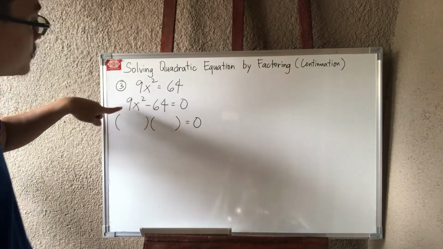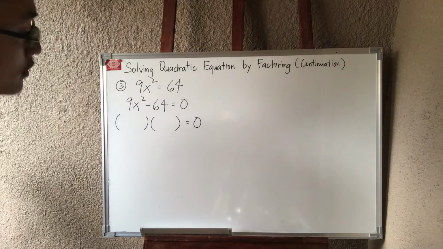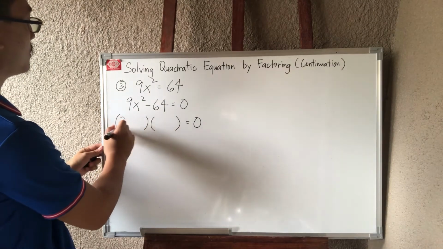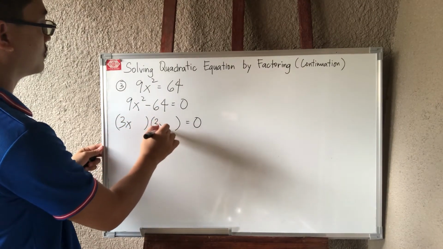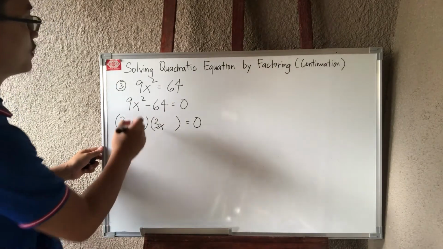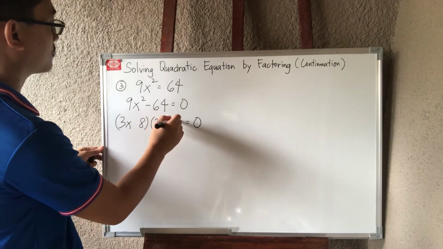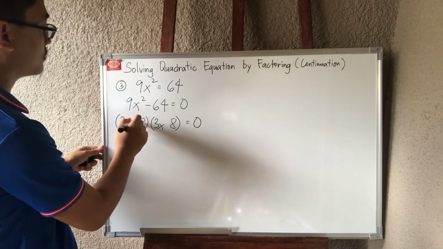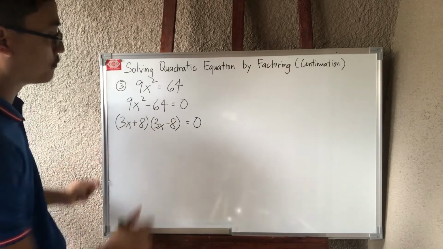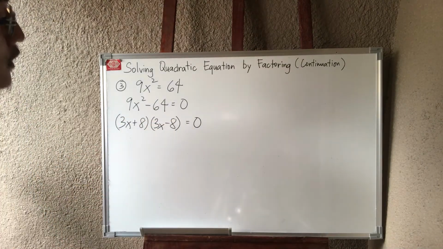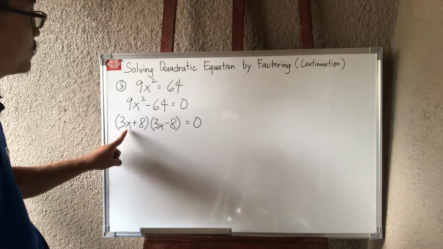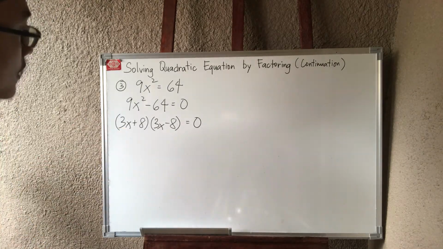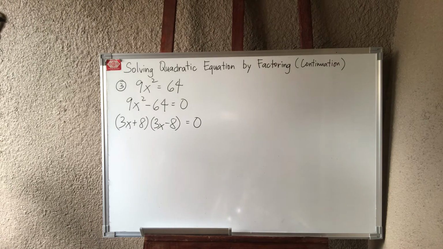Ang technique dyan is just get the square root of 9x squared, which is 3x, then square root ng 64, which is 8. Then, 1 positive and 1 negative. So, yun yung rule sa difference of two squares, diba? So, ang factors natin is 3x plus 8 and 3x minus 8 equals 0.